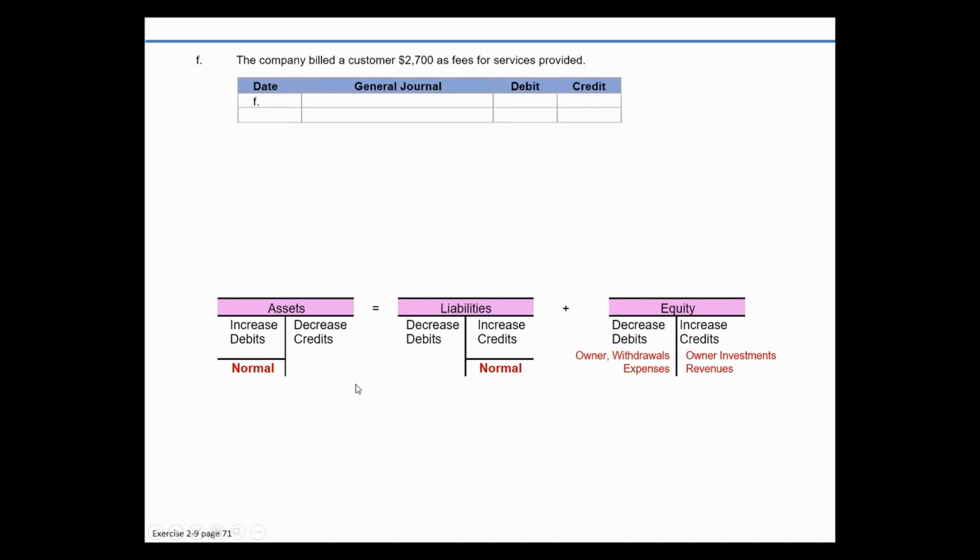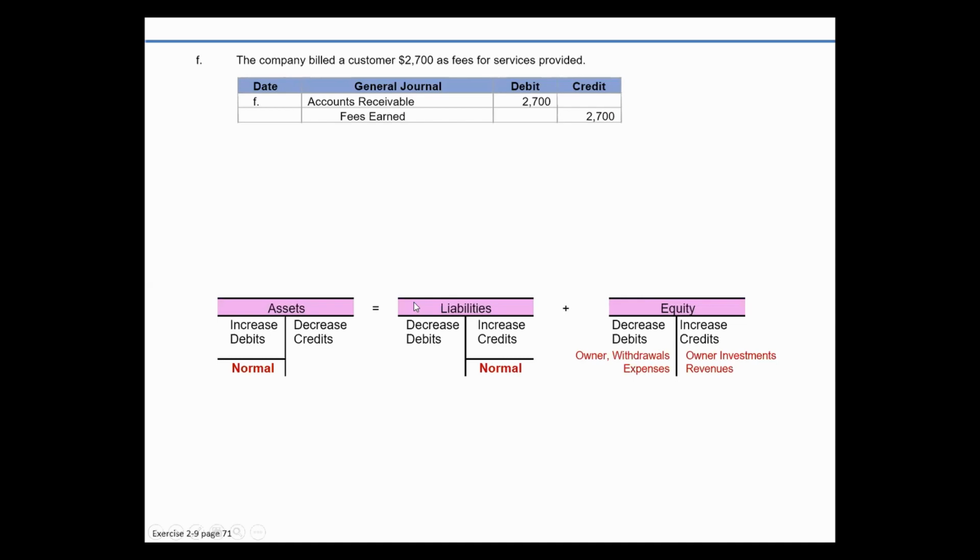The company billed a customer $2,700 as fees for services provided. So this time, the company sent out bills to their customers. So this time, we have to debit accounts receivable. Remember, we said accounts receivable is an asset. So in order to increase an asset, we have to debit it. So we'll debit that $2,700.